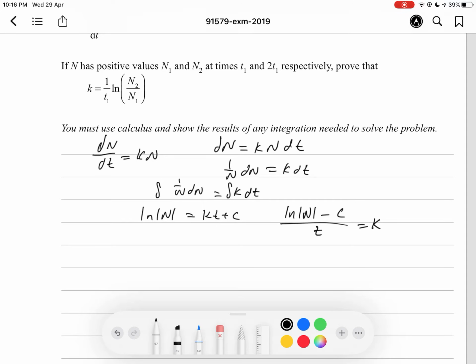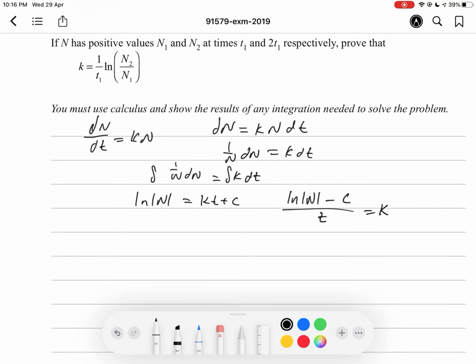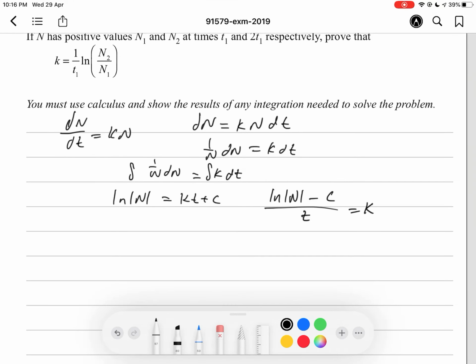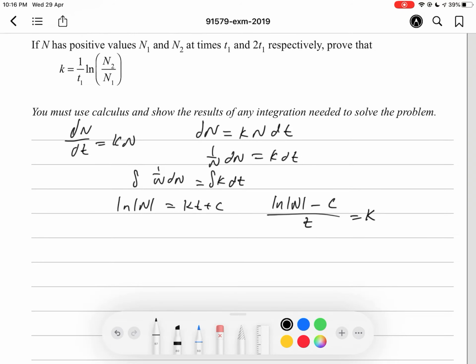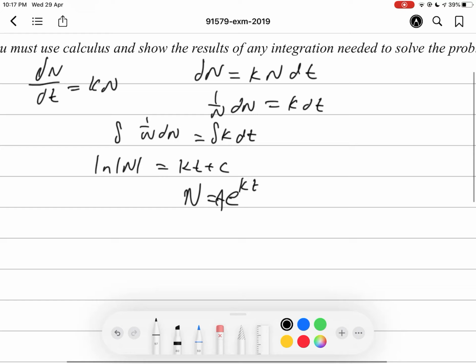If n has positive values n1 and n2 at times t1 and 2t1 respectively, I think it would be better to make n the subject of the formula for this one. So n is equal to ae to the power of kt, where we move the c and put it as a multiplier of e.